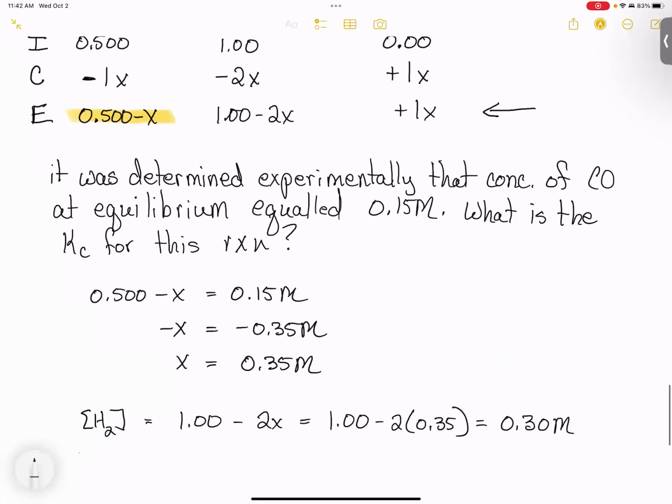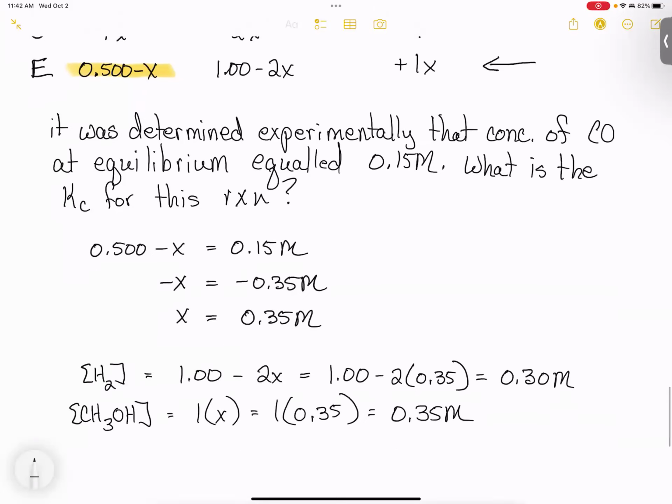Our CH3OH concentration at equilibrium was equal to 1 times X. So in other words, it's 1 times 0.35, or it is 0.35 molar. And in the problem we were given the fact that our CO concentration was 0.15 molar at equilibrium.